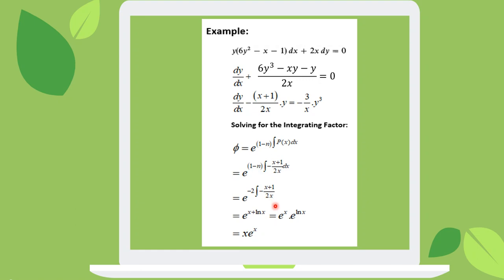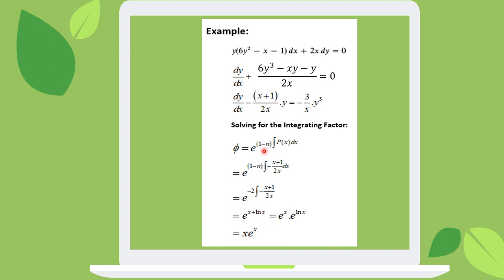So if you're going to integrate a 1 plus 1 over x, that should be an x plus ln of x. By rules of exponents, it could be e raised to x times e raised to ln of x. This one is an x. So your integrating factor phi in the case of this Bernoulli's equation is x e raised to x.